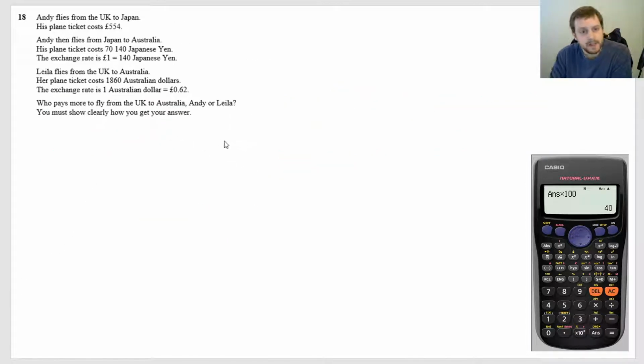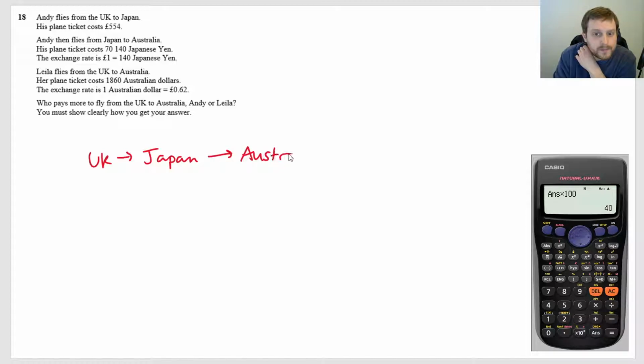Right, number 18. Andy flies from the UK to Japan. His plane ticket costs £554. So he's going from the UK to Japan, and then he's going to Australia.